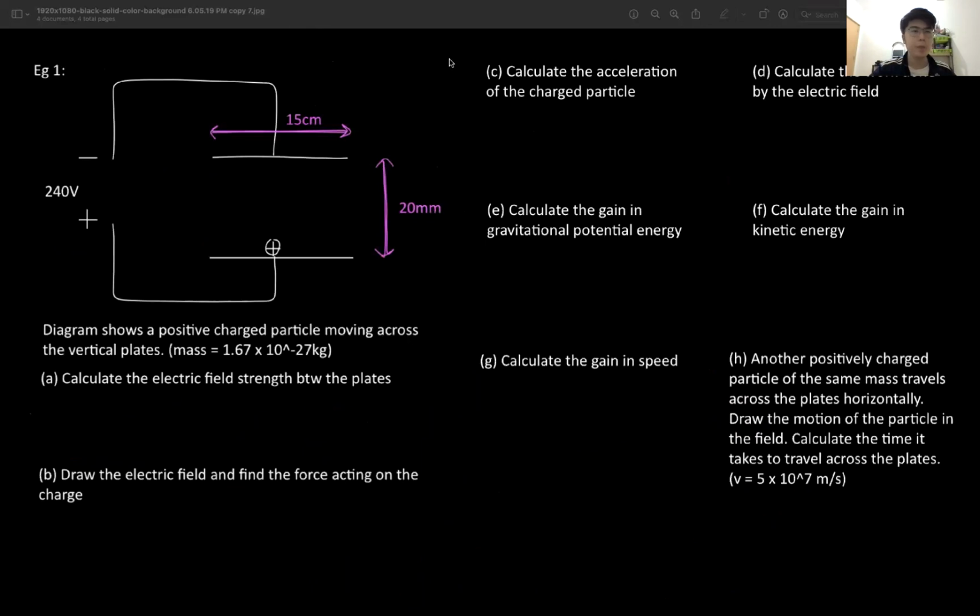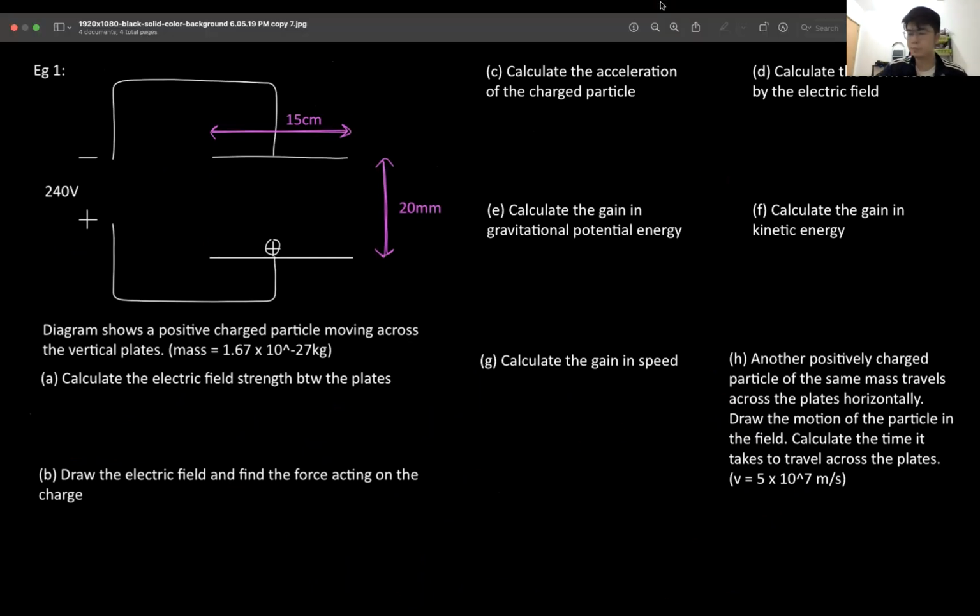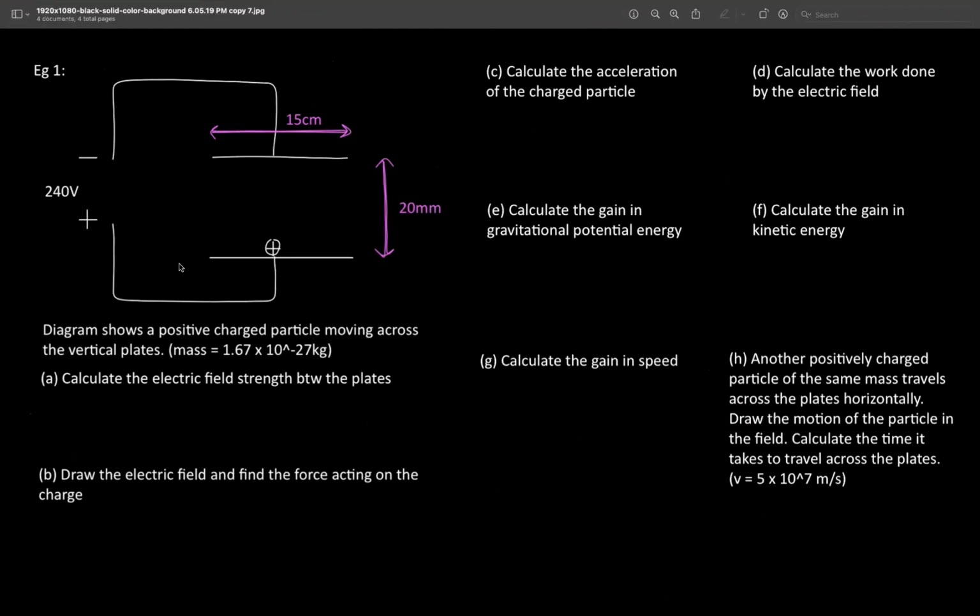Okay, we are back and we look at one example. Example one. The diagram shows a positively charged particle moving across vertical plates.